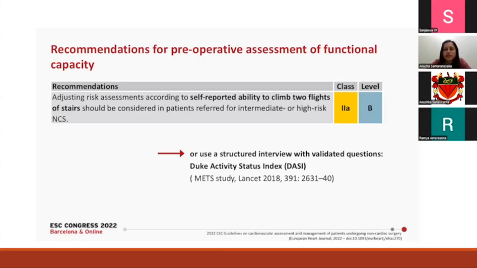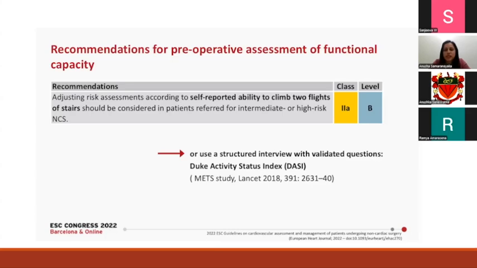So what exactly is meant by 2 flights of stairs? Two flights of stairs is two separate sets of stairs with a break or landing in between. In many buildings, one flight of stairs contains about 10 to 15 steps, so 2 flights means 20 to 30 steps.